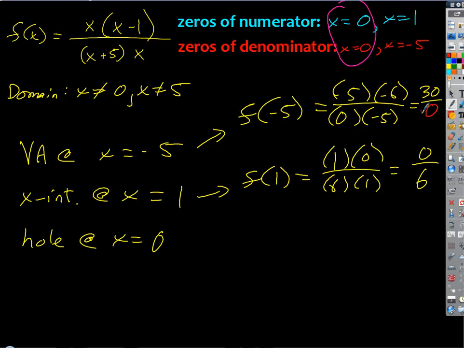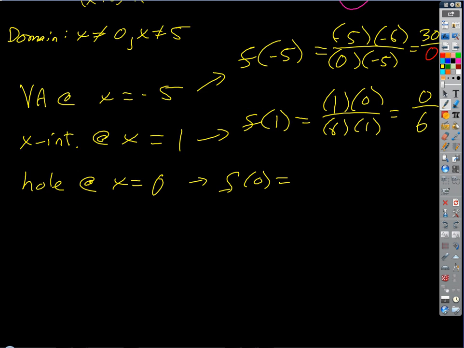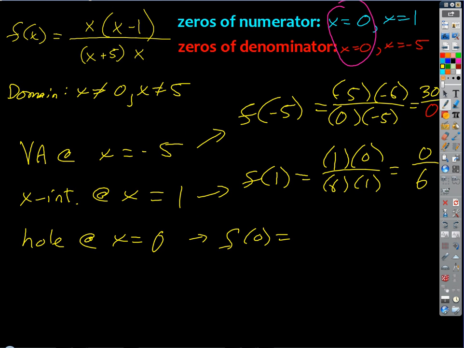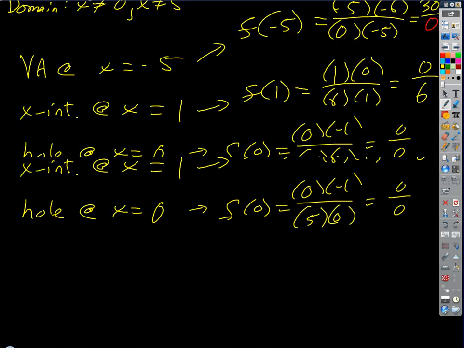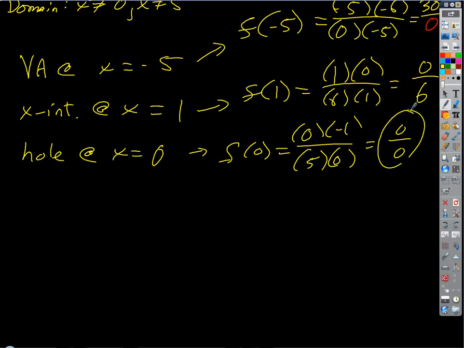And then finally, the hole at 0, if I evaluate this function at 0, what's happening? Well, if I evaluate it at 0, I'm getting 0 times -1 over 5 times 0, which is 0 over 0. And that one is a little perplexing.